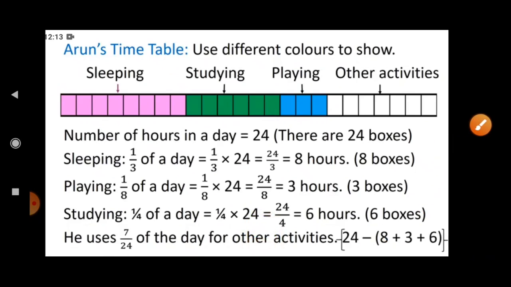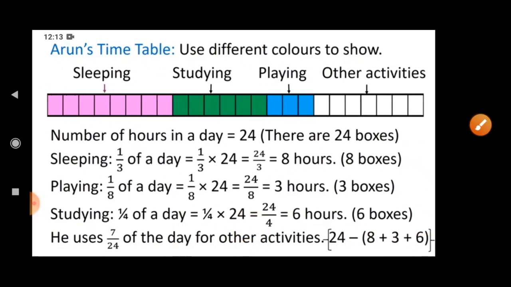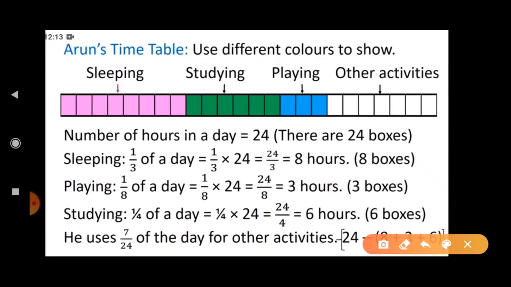Here I am adding 8 plus 3 plus 6. 8 for sleeping and 3 for playing and 6 for studying, that is equal to 17. Now we will subtract this 17 from 24 hours. So we will get 7.